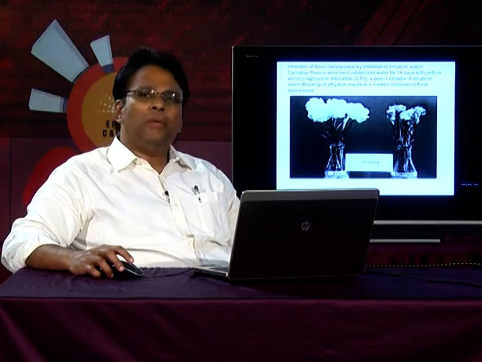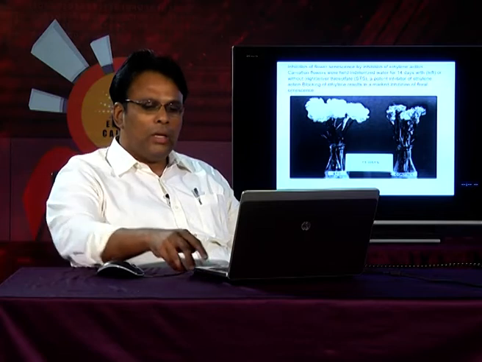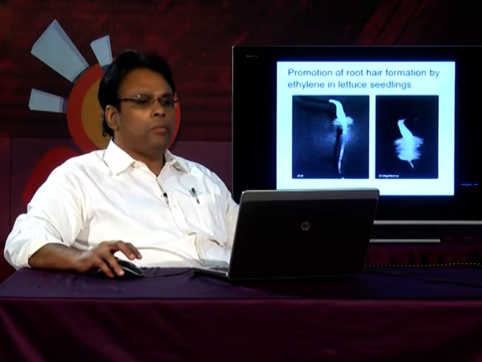Some flowers like carnation are very expensive, and if you can increase the vase life from 1 week to 2 weeks, you are doubling the vase life, which has a lot of commercial application.